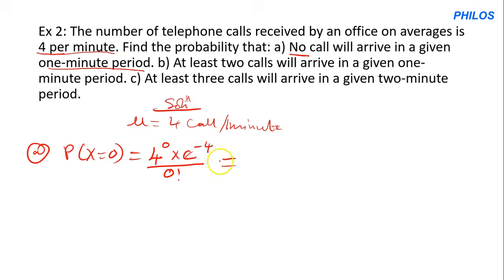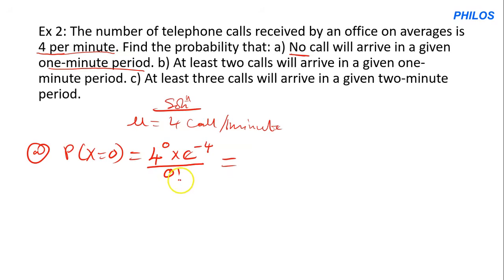So that will give us, now to enter this on your calculator, first click on the division sign on your calculator and then enter 4 exponent 0 times, then you click on shift, next click on ln to get this e, then you enter the exponent negative 4, then you come to the denominator, enter 0 and then click on shift and the key under the mode key to get a factorial.